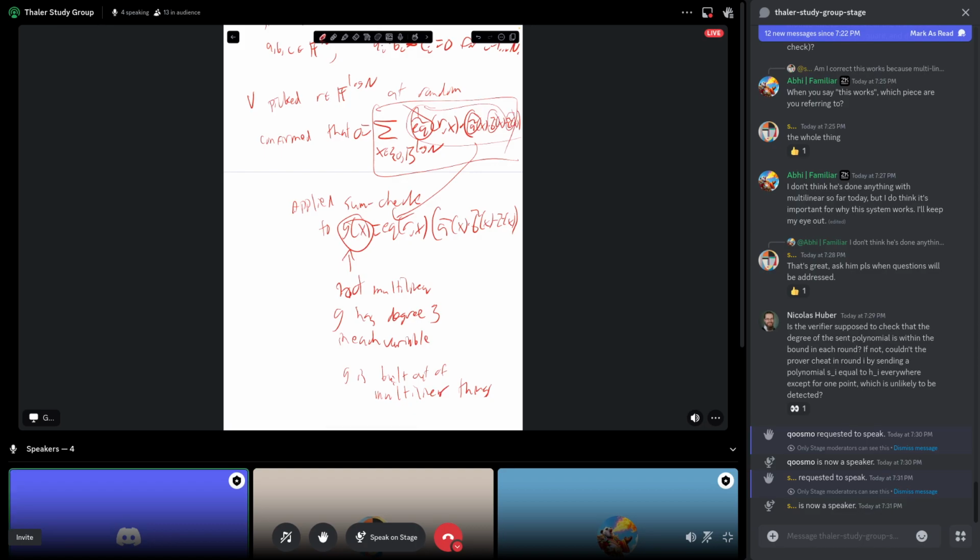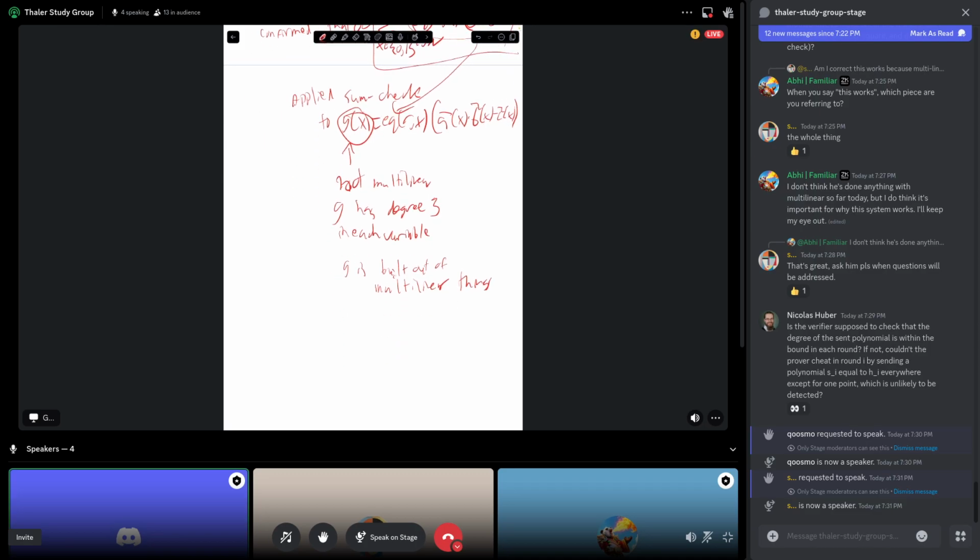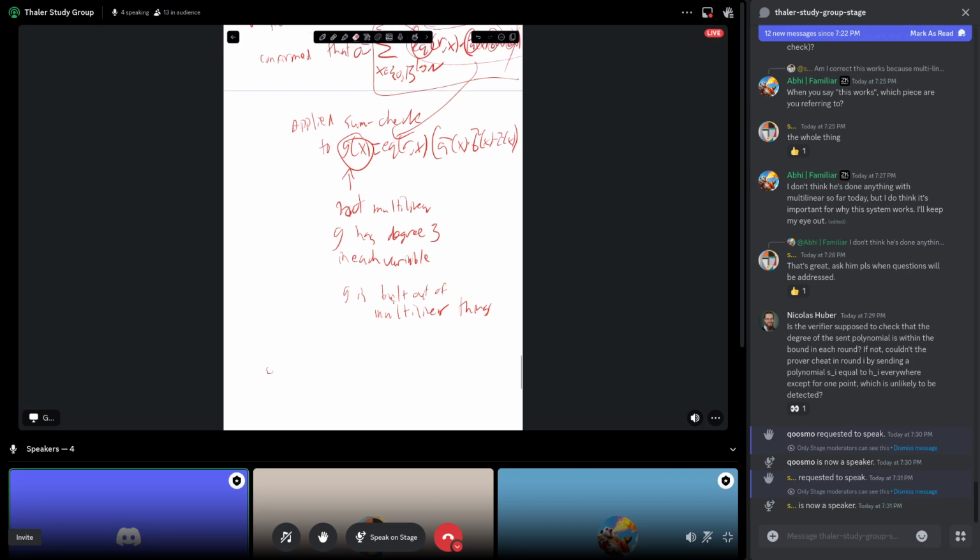That's how it always works. I mentioned last week that if g itself were multilinear, there's in a sense no reason to use the SumCheck protocol, because then the sum... Isn't the degree 2 instead of 3? It's 3. A twiddle of x times b twiddle of x gives you degree 2, and then the multiplication by EQ of r comma x makes it degree 3. Oh, yes, that's important. Thank you.